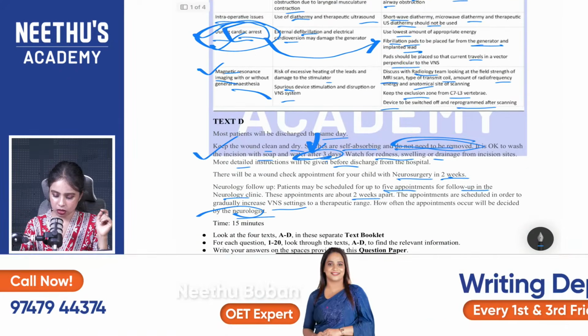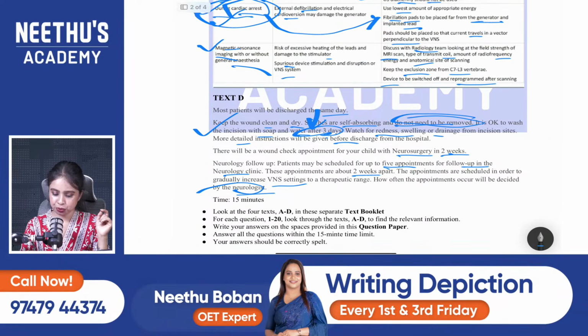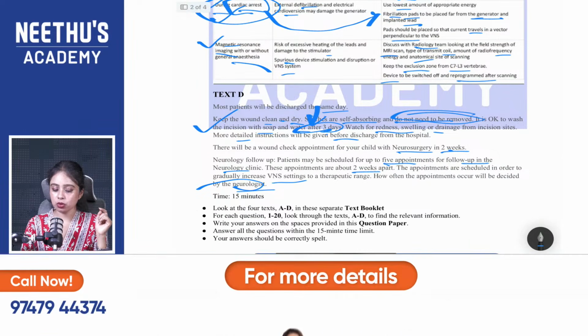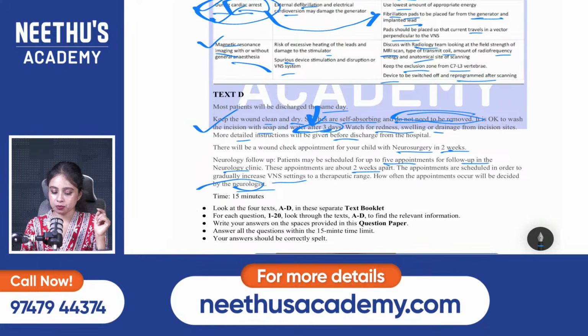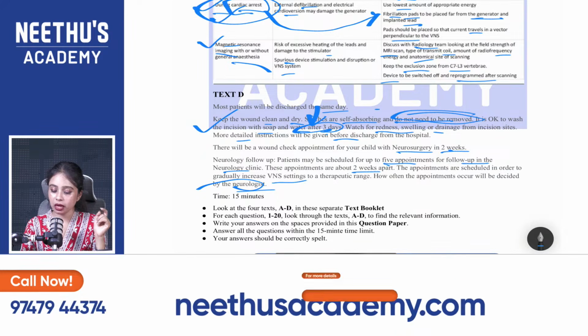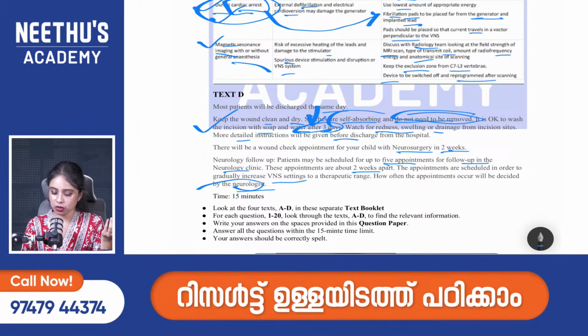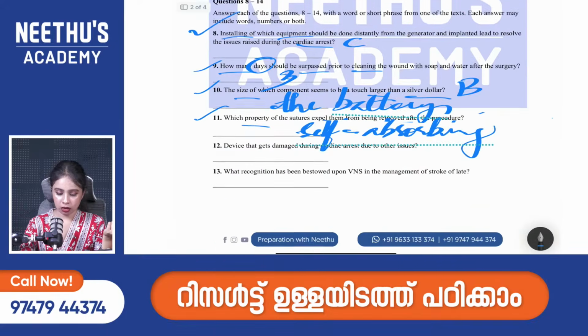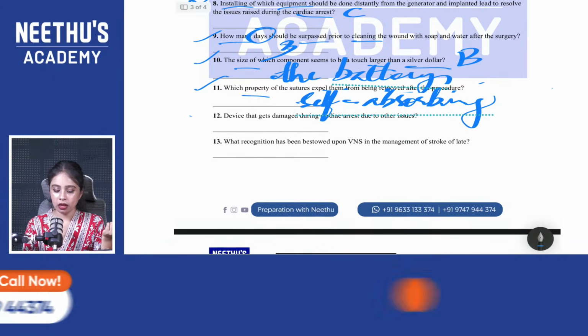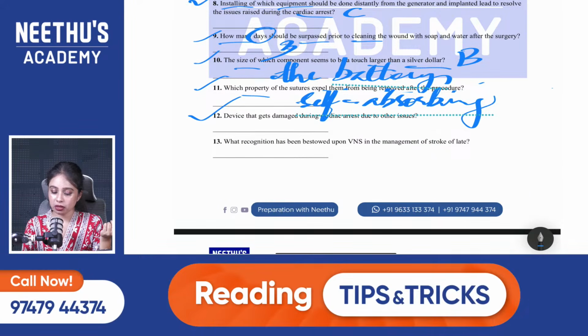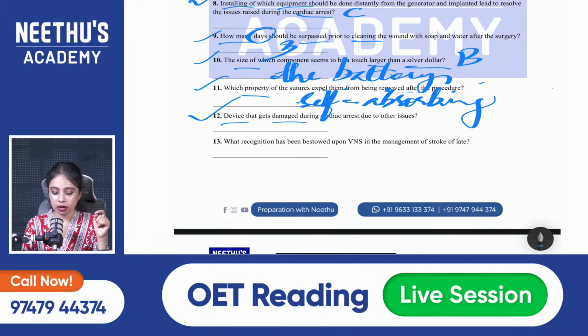No, text B, text C. D. Keep the wound clean and dry. And stitches are self-absorbing and do not need to be removed. So that means self-absorbing. And next one, the device that gets damaged during the cardiac arrest due to other issues. So device damaged, other issues.